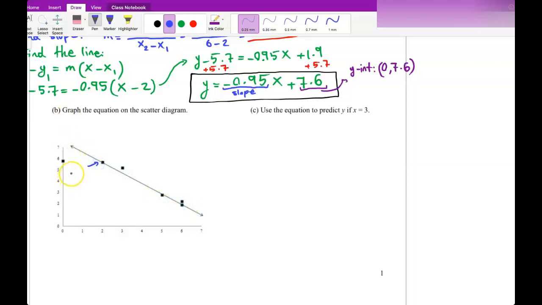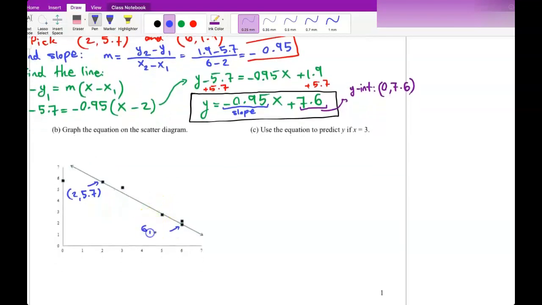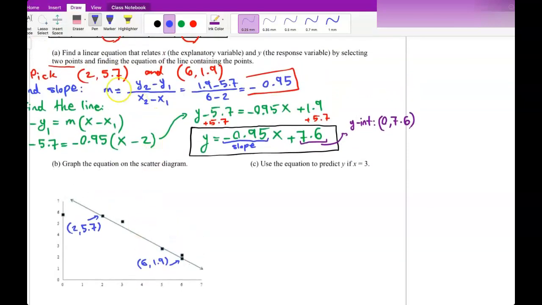That point is (2, 5.7), and here is (6, 1.9). These are the 2 points that I had in the first part.